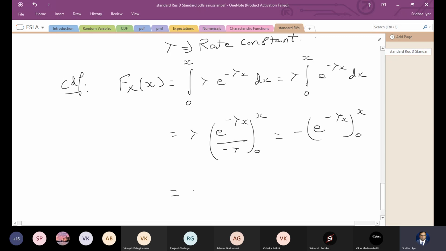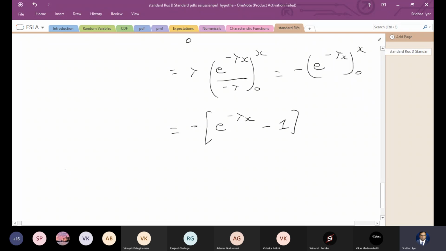Okay. So now I'll put the value. You'll have negative. The first value is x, so e raised to minus lambda x. The second value is 0, so e raised to 0 will give us 1 here. Therefore, the CDF fx of x of this exponential random variable, I'll get the negative sign inside the bracket, so you'll have 1 minus e raised to minus lambda x.